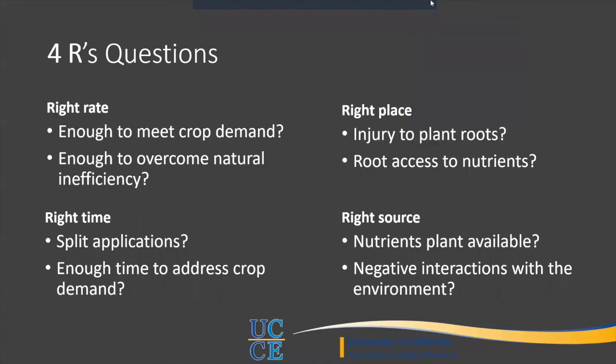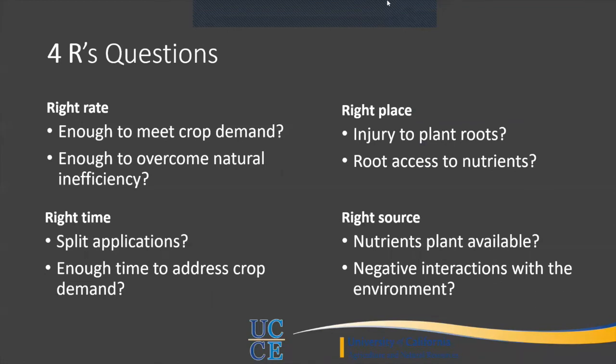I'd like to return to the concept of the 4 R's for just a second and present them to you in the form of questions that we might ask in order to determine what the right part is of each of those categories. So, for instance, when we're trying to figure out what the right rate of a fertilizer is, questions that you might ask are: is this enough fertilizer to meet my crop demand, the goal that we set earlier?